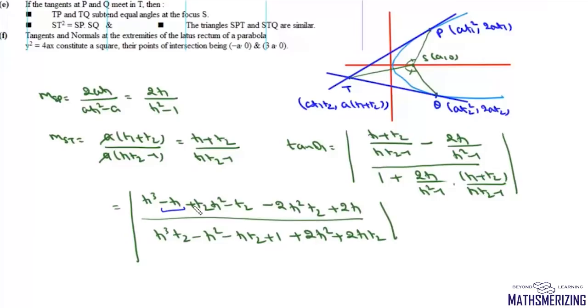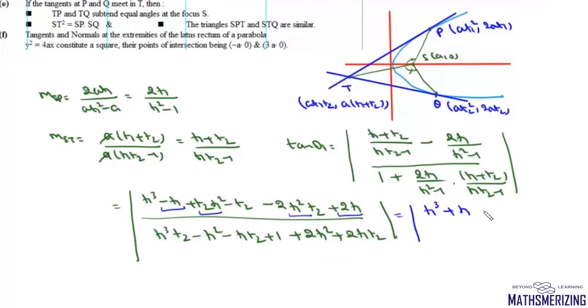Now here we have minus t1 and plus 2t1, and we also have t2t1² and minus 2t2t1². So we can write this as t1³ plus t1 minus t1²t2 minus t2, and in the same way in the denominator we'll write it as t1³t2 plus t1² plus t1t2 plus 1.